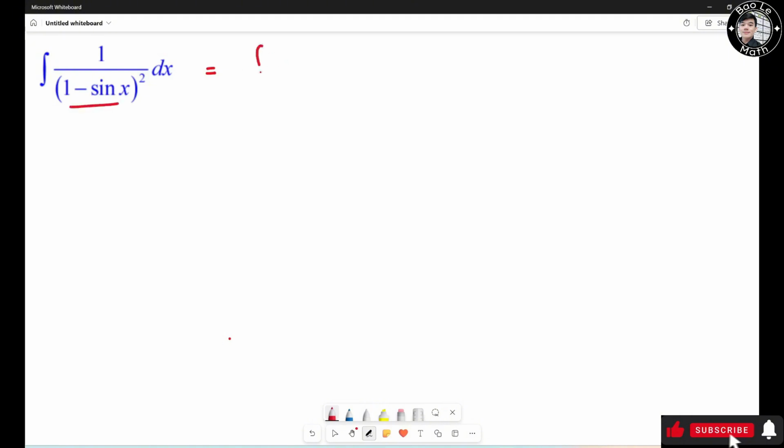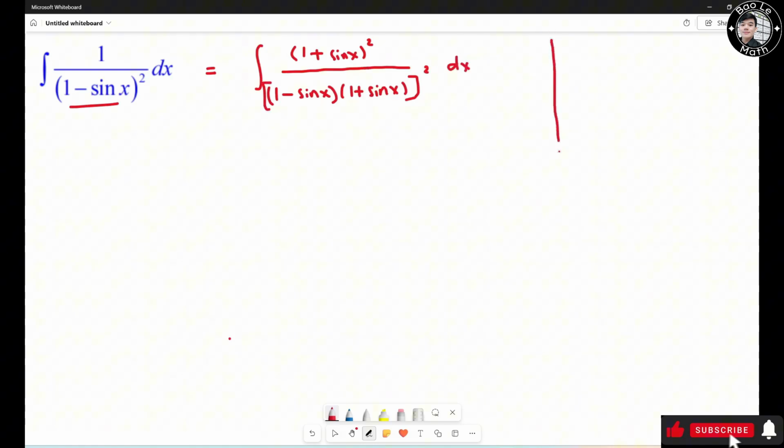So it's going to be the integral of 1 plus sine s altogether squared over 1 minus sine s times 1 plus sine s altogether squared.